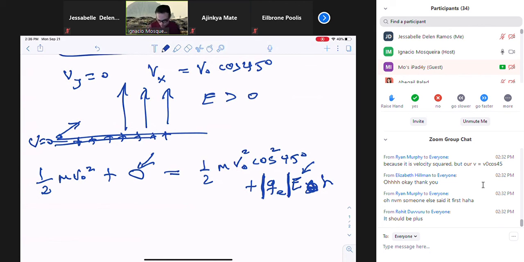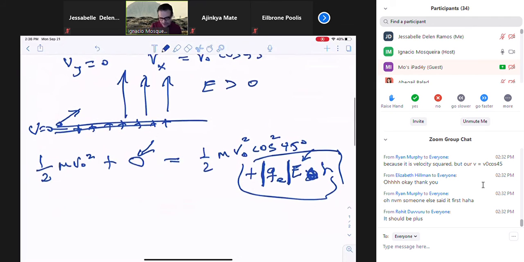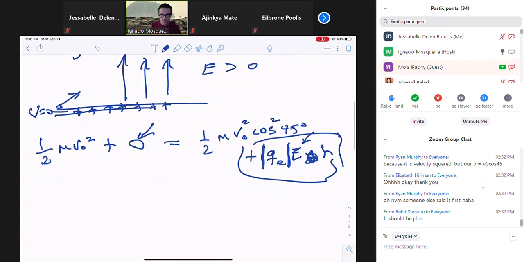So for sure, I guarantee you, you need a plus sign, you need this to be positive for this to work out. Okay. Please think of it that way. It will make the signs easier. There will be a lot fewer confusions of putting negative signs. Otherwise, you have to start to figure out where is the electric field, where is the charge, and then you could just start putting different signs for different things.